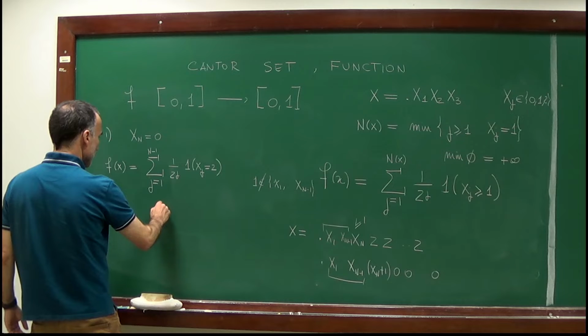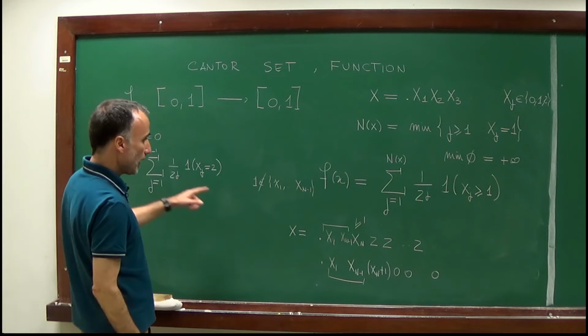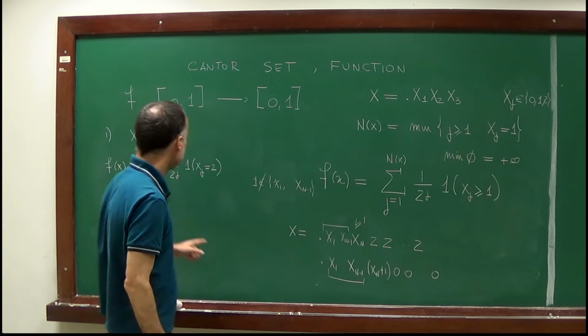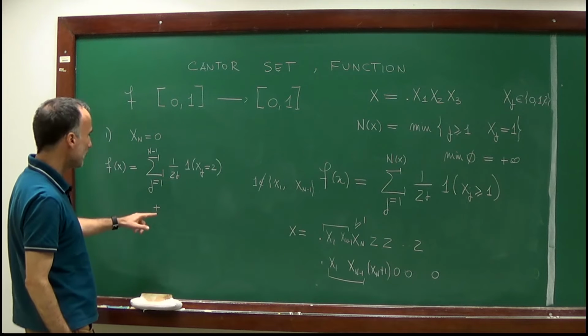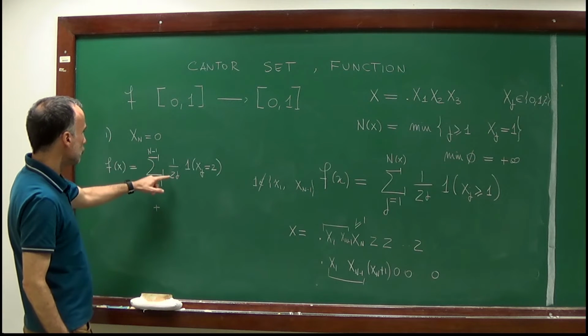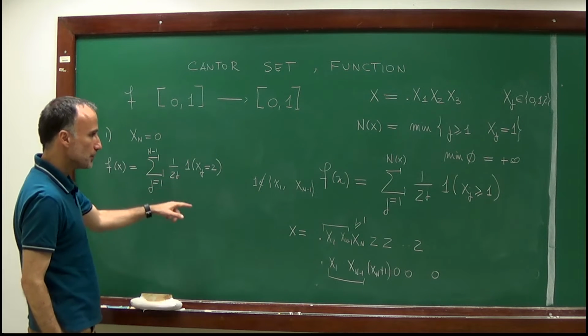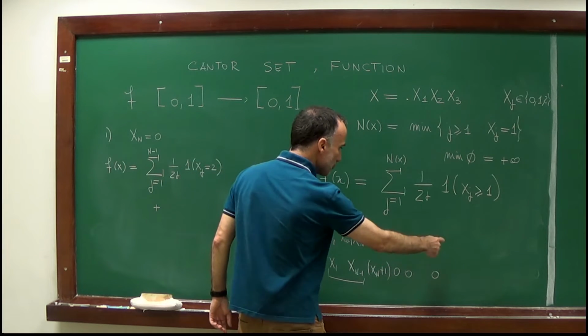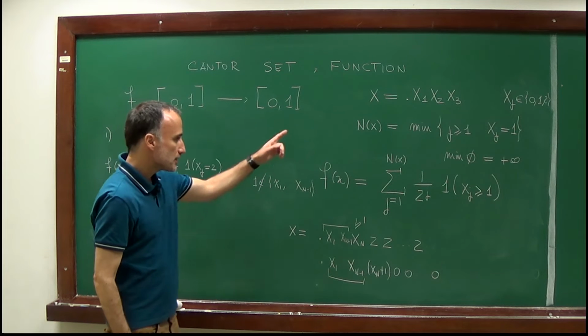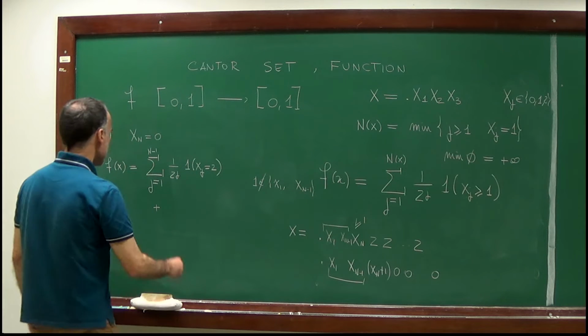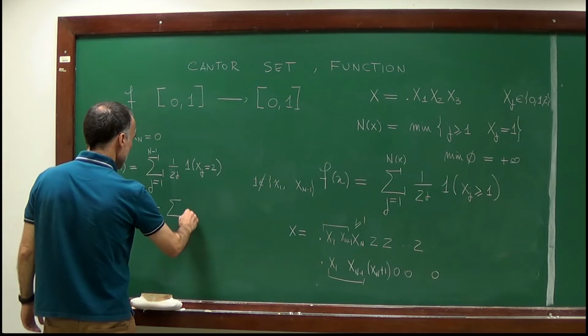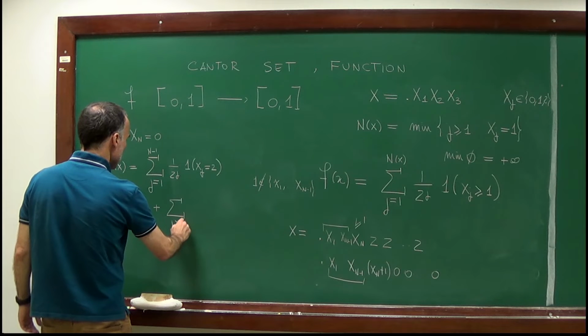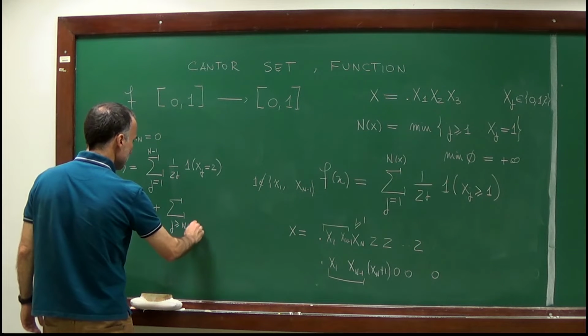Then I have xn, which is 0, so that term 2 to the power n does not appear. And then we have 2s. And you observe that in this representation, nx is equal to plus infinity. So I have a sum for j larger than n plus 1.